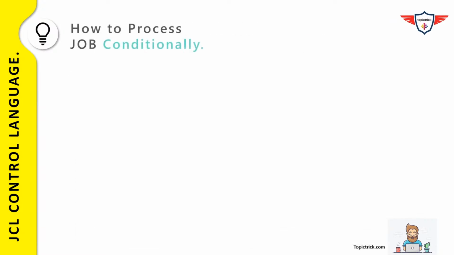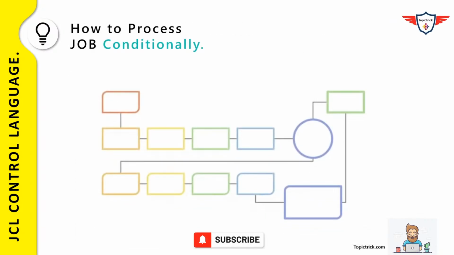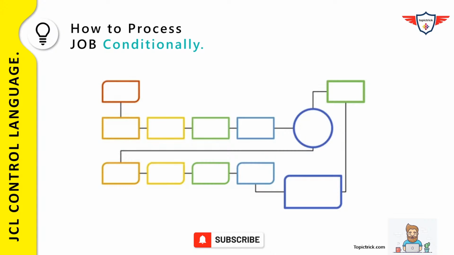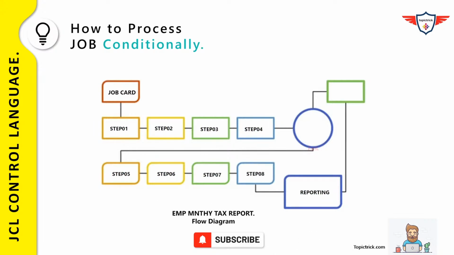Now the next topic is very important from the programmer's perspective, and at the same time it's a bit confusing. So let's try to understand how you can use the JCL condition parameter and the JCL if then else statement to process a mainframe job conditionally. The following example is a graphical representation of a job.